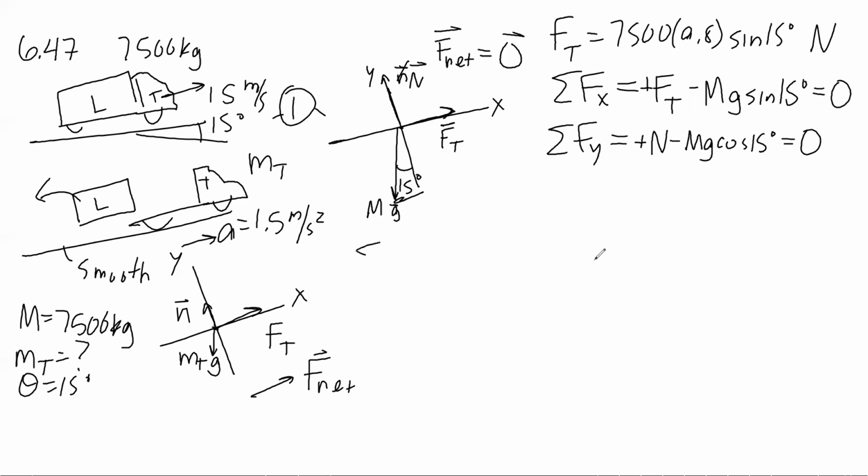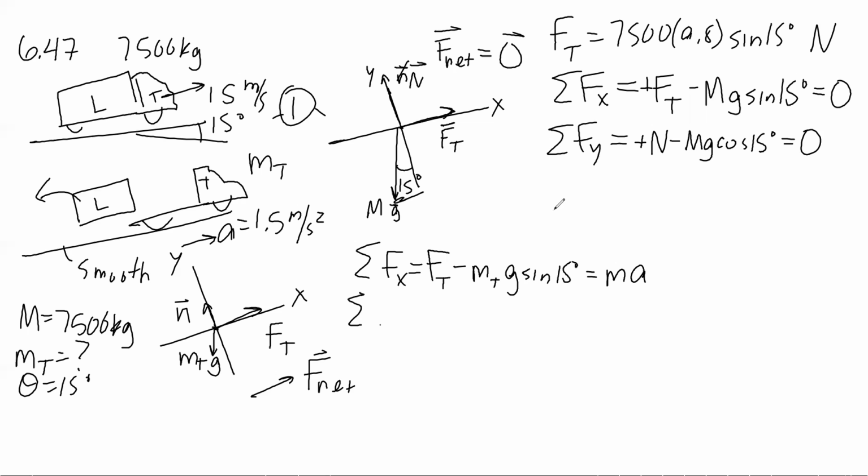In the x direction, it's the same force of the truck in the positive direction, but now it's minus the smaller mass of the truck, not the combined mass, times g times the same sine of 15 degrees. That's going to equal the mass of the truck times the acceleration, because the F net points along the x direction.